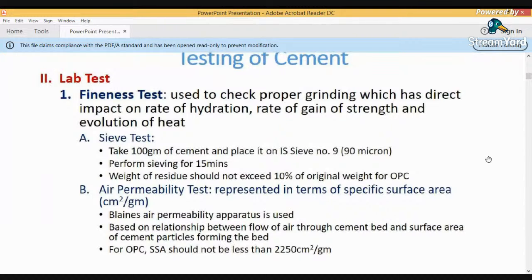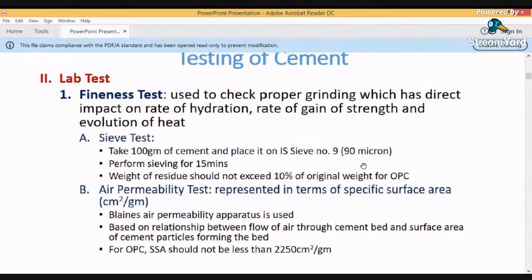Then the second kind of test is called the air permeability test. In the air permeability test, the fineness is generally measured in terms of the specific surface area, that is, the surface area of the cement per unit mass of the cement.